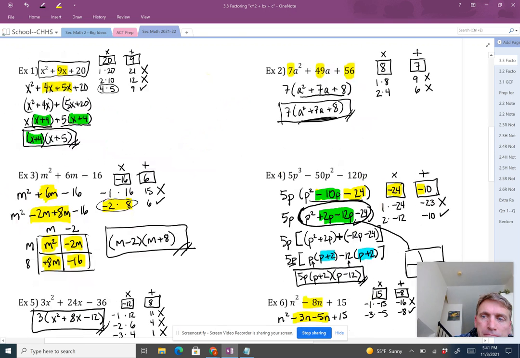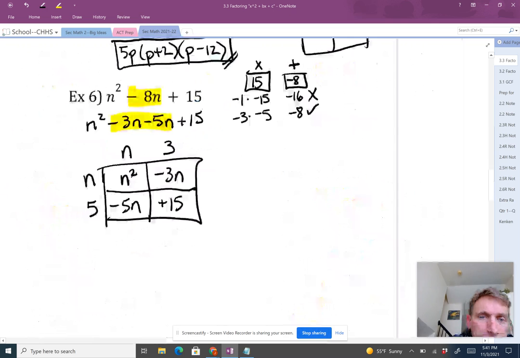You do want to avoid putting a negative on your first term inside of each of the parentheses. And so with that said, we're going to put a negative on the 3 and a negative on the 5.